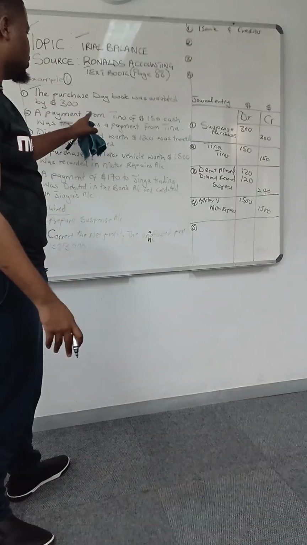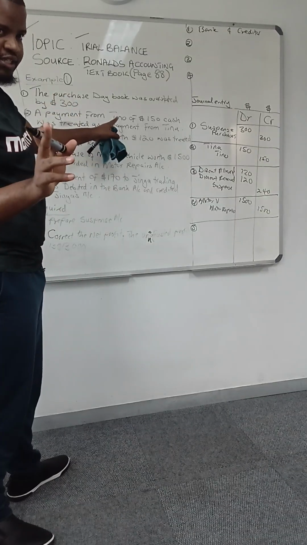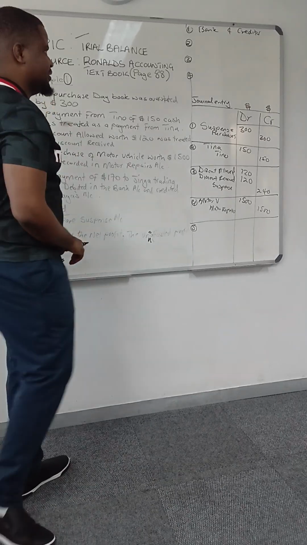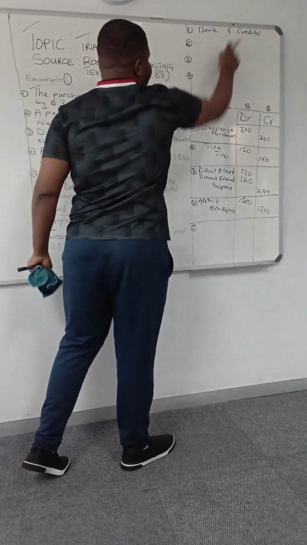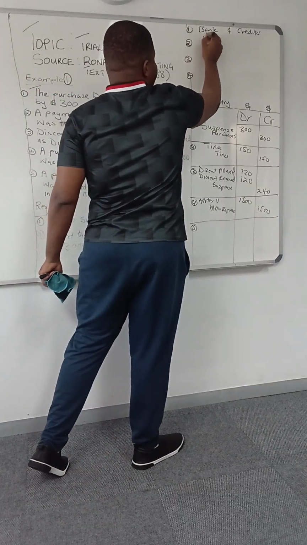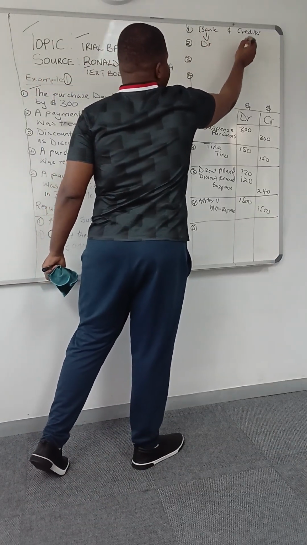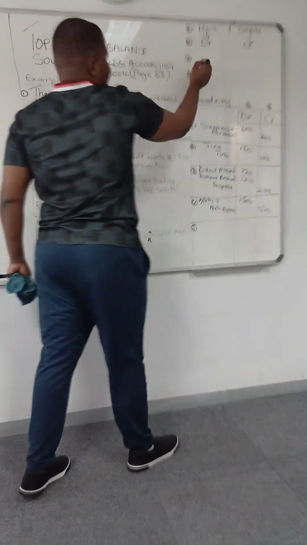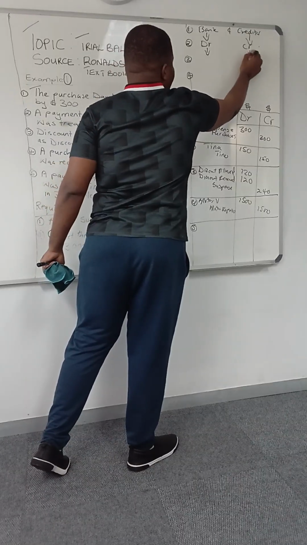Know those tips. From goes hand in hand with debtor. To goes hand in hand with creditor. Right. So we have bank, we have creditor. Then number 2, what are we going to do? We identify sides. So bank is an asset, debit. Creditor, liability, credit side.